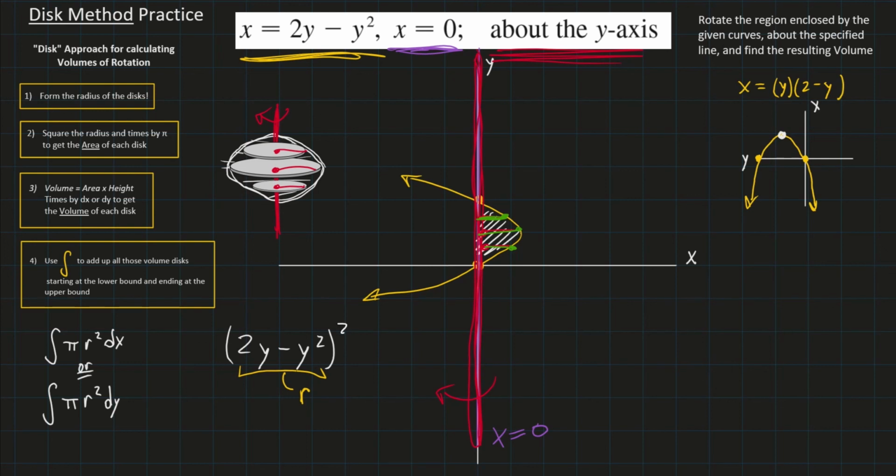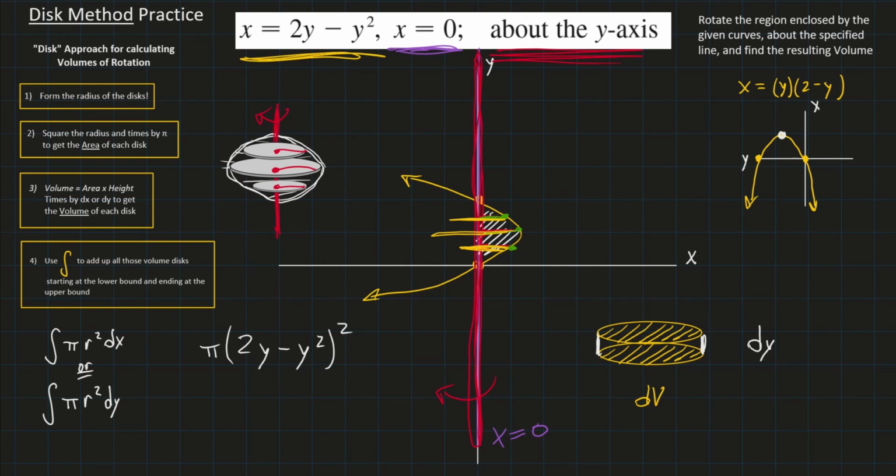So of course I can just square each one of these r's, times it by pi. That gives me the area of the disk at that y. And to make it a volume, I multiply it by a little bit of perpendicular height, which will be a little bit of y distance, to make my dV the tiny bit of volume that that disk represents.